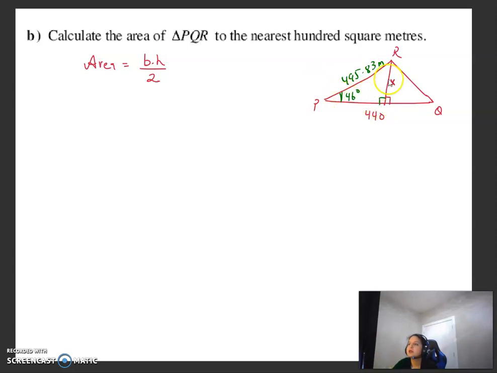Since this smaller one right here is also a right angle triangle, we can use SOHCAHTOA. According to this angle, this is the hypotenuse, and this one is the opposite. So I can use sine of 46 degrees is opposite over hypotenuse, and this way I can find my height, and the height comes out to be 356.67.